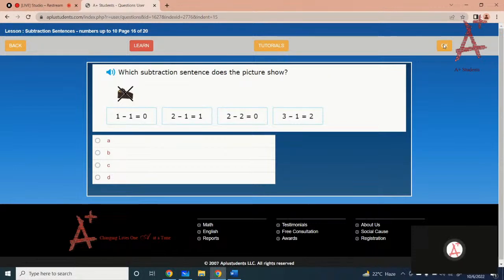So 1 subtract 1 is, okay, 1 subtract 1 is, that means 0. Option A is the correct one. Select the correct option and click on the OK button.